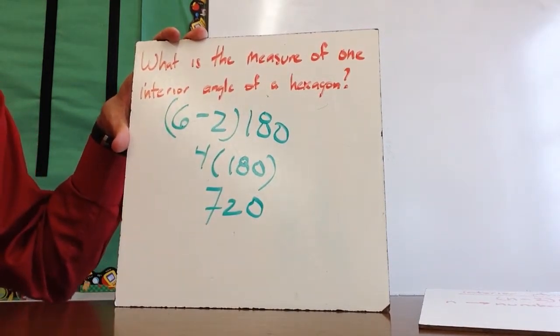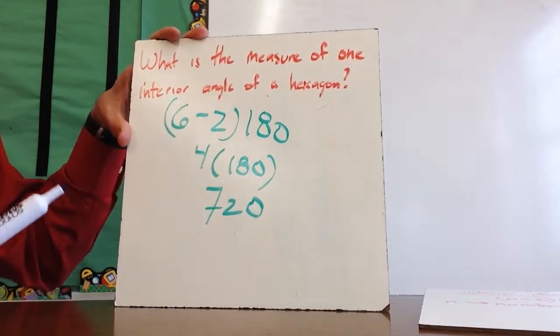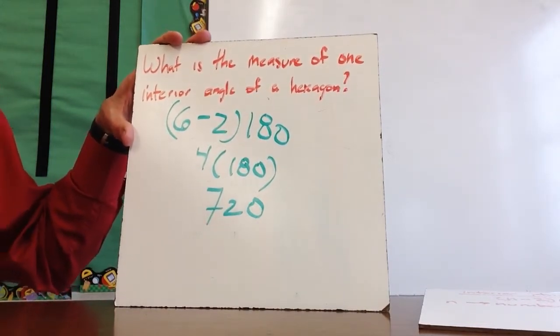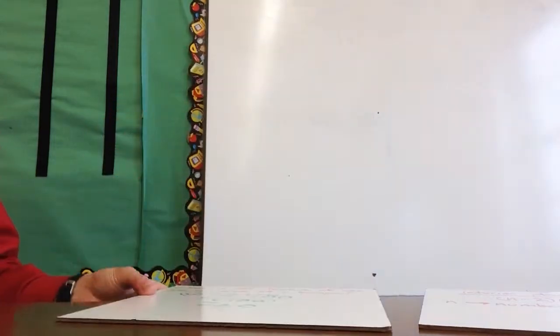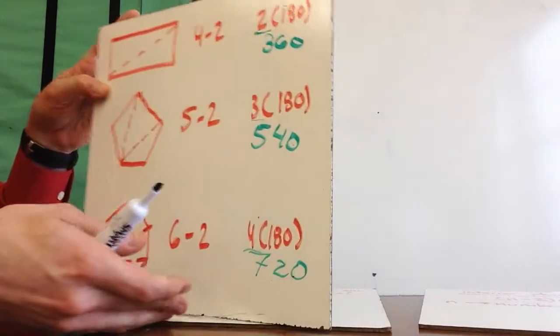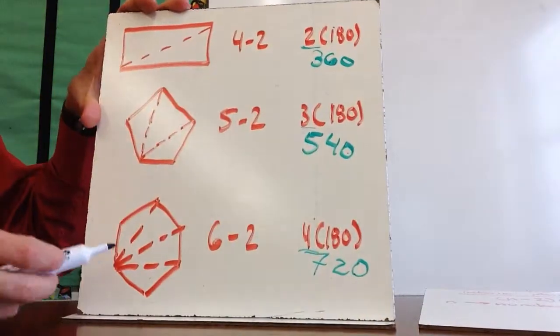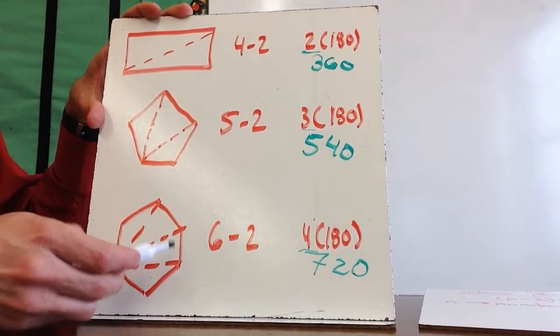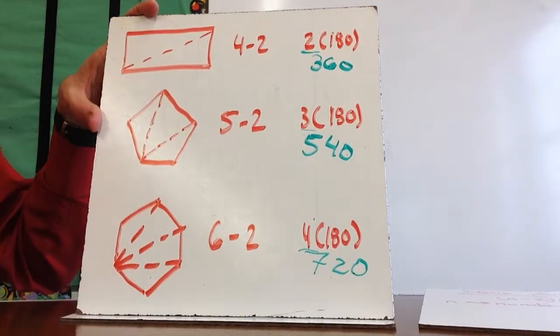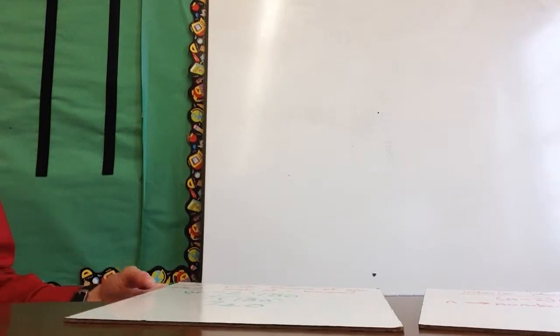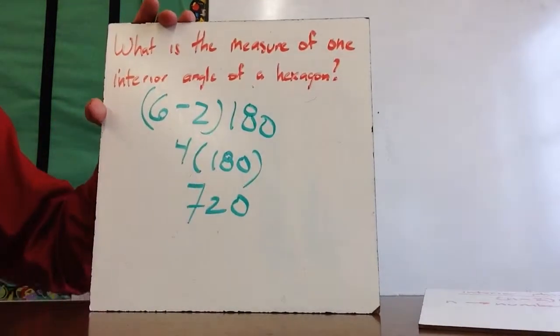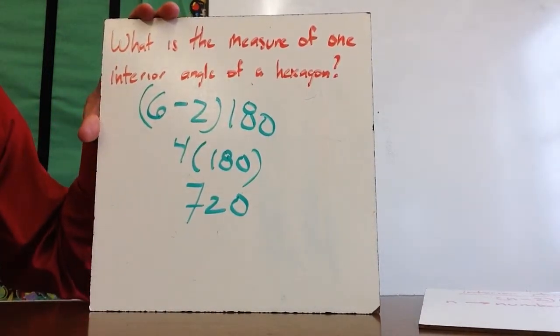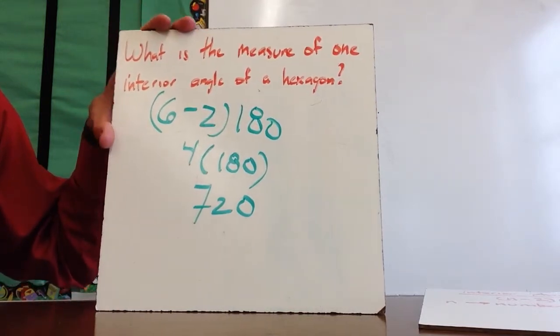Okay, but that's the total. I want to know how many in one interior angle. If you look at a hexagon, we actually have one drawn here. You'll see that there are 1, 2, 3, 4, 5, 6 angles inside of the hexagon, just like there are 6 sides, right? One good thing to know is that the number of sides and the number of angles inside the shape is identical.